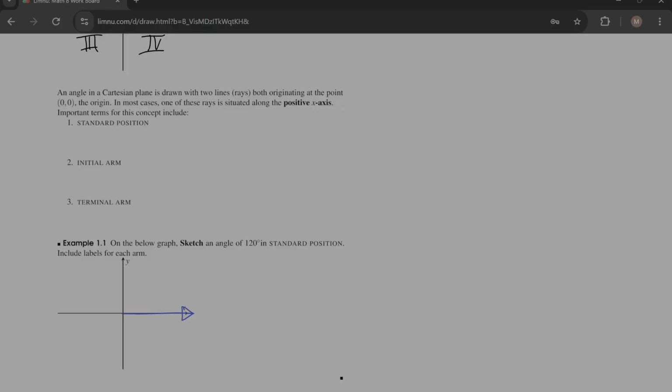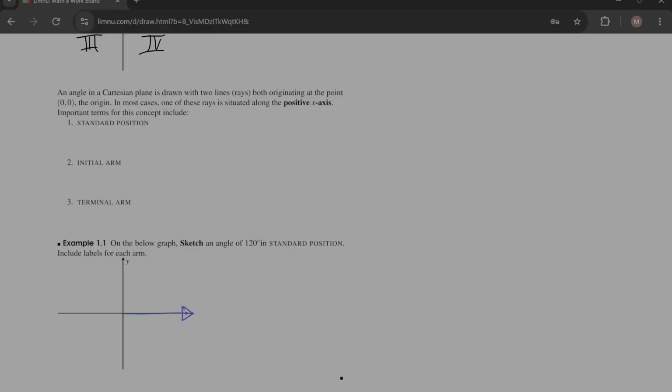So in this diagram, where it says sketch, which means accurately draw, a 120-degree angle in standard position, we're going to draw our first arm on our positive x-axis. Now, I don't always need you to draw this for me because if you just have the x-axis, the line's already there. But the other arm is really important.